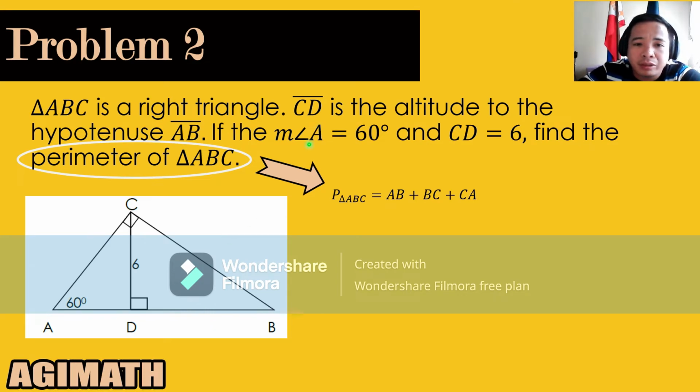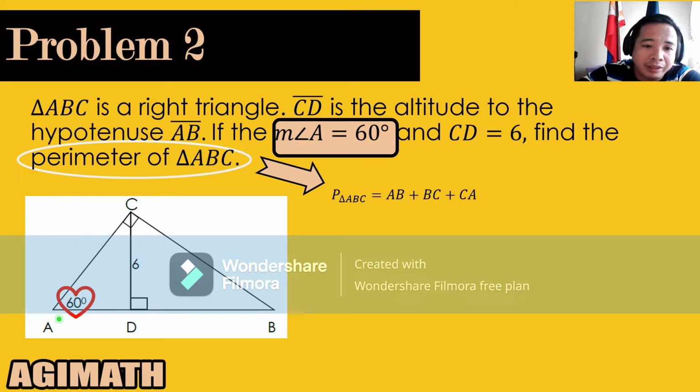So again, the measure of angle A is equal to 60 degrees. Now, CD is the altitude to the hypotenuse AB. Again, when we say altitude, it is a perpendicular line from vertex C to the opposite side. That's why CD is perpendicular to AB.